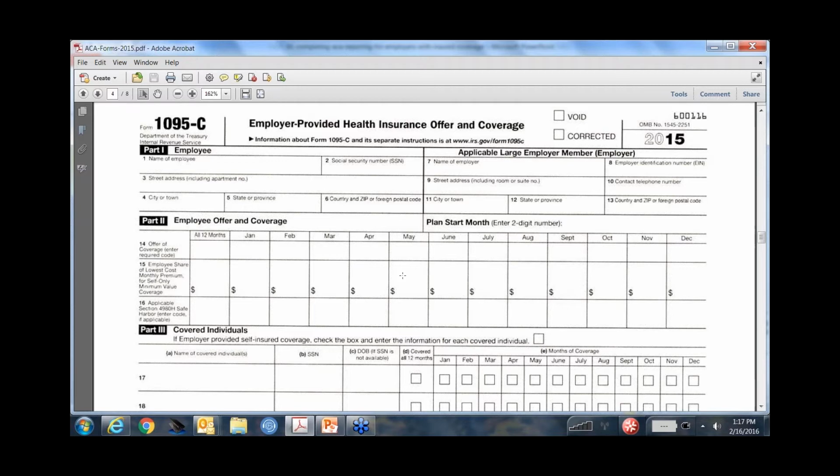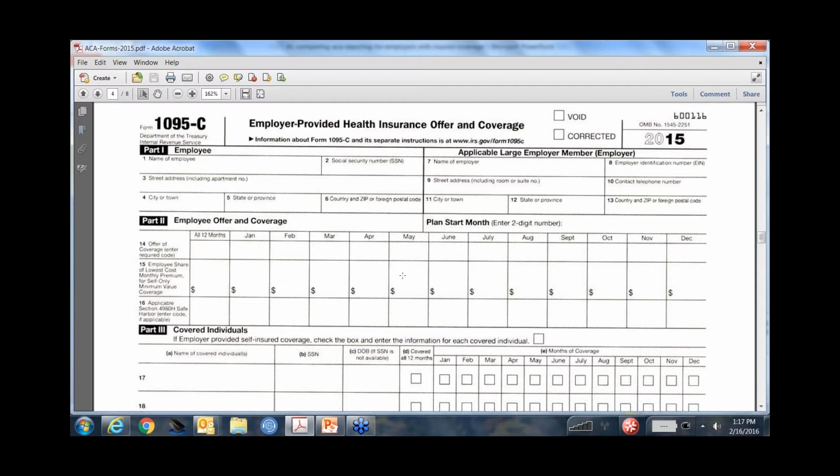And there's a code that you would use from January through August, a 2D, that indicates that person is in a measurement period. Now, if that person doesn't work 1,560 hours, that person is not deemed to be full-time and they would not get a 1095C even though there was a month they worked 130 hours.